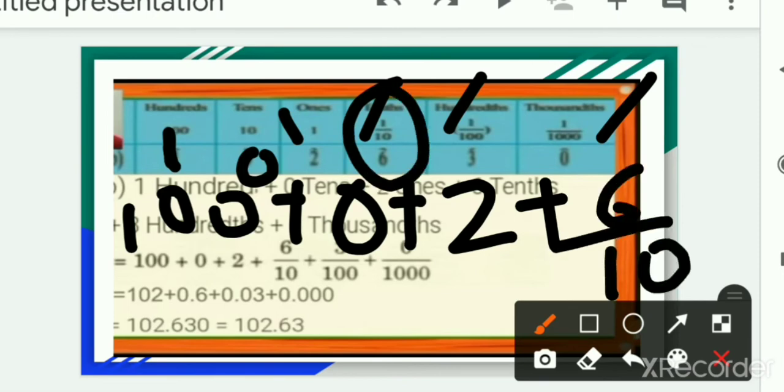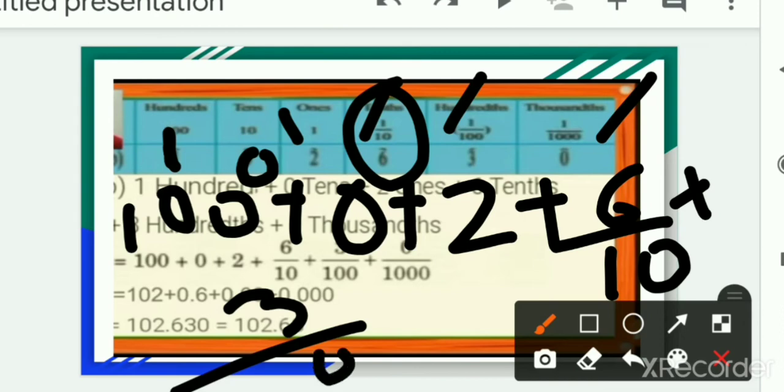It is not tens, it is tenths. Then after that 3 upon 100, then plus 0, because thousandths is 0, so no need of writing 0 upon 1000, you can write 0 also. Okay, it is your choice.